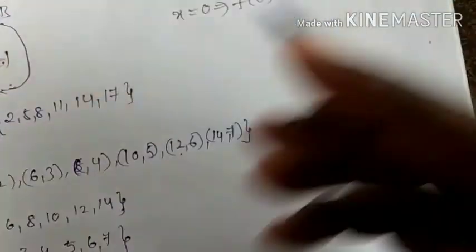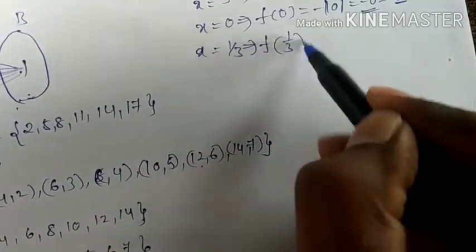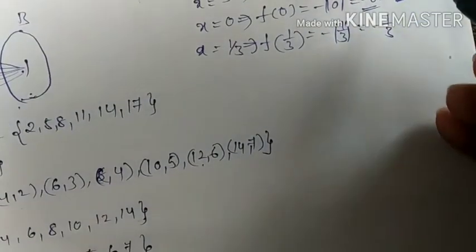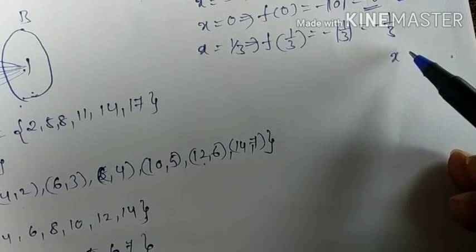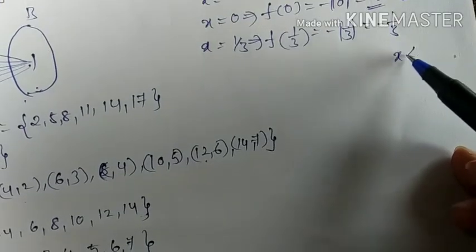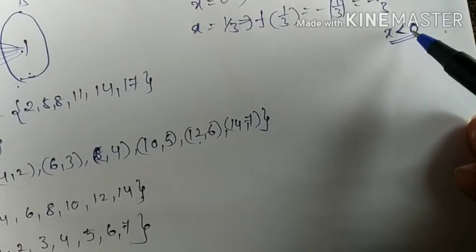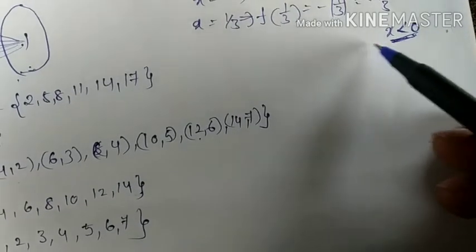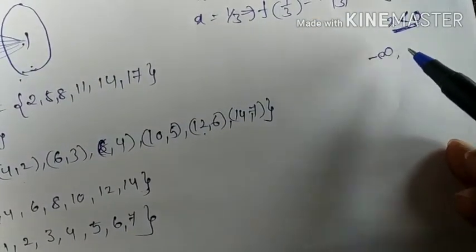If you consider any other value, like a fraction, suppose x equals 1 by 3, then f of 1 by 3 equals minus modulus of 1 by 3, which is minus 1 by 3. So every time we are getting values below 0 only, right? It means that for all the x values we have given, we always get f of x less than or equal to 0. So we have to consider 0 in the range of the function, and we don't know the minimum value, so the range of this function we can write like this: minus infinity comma 0.